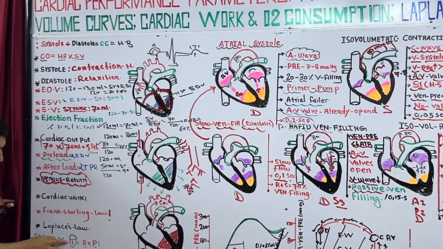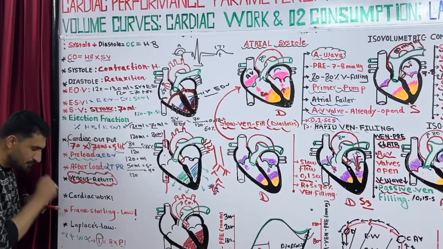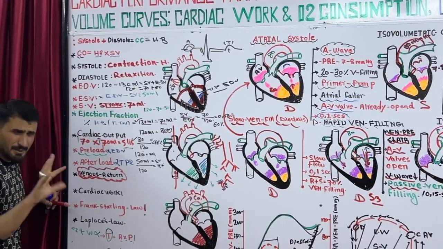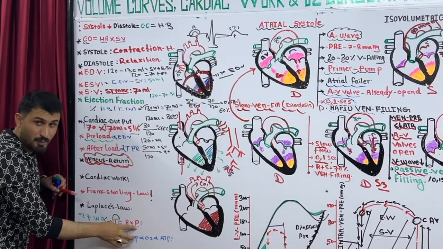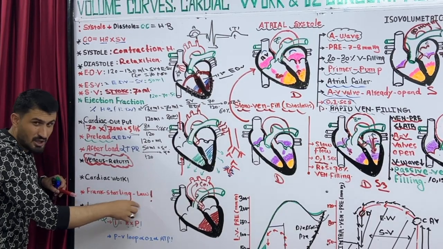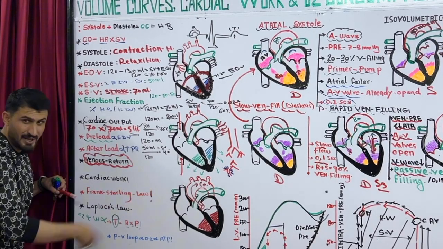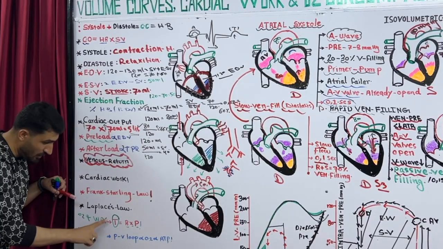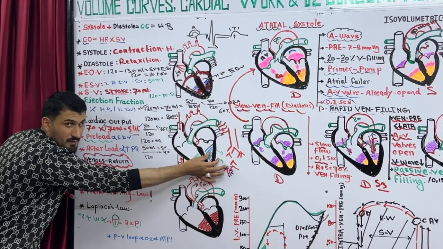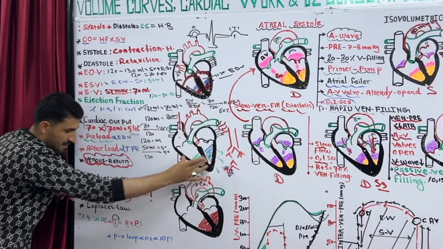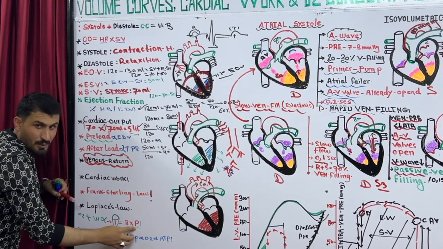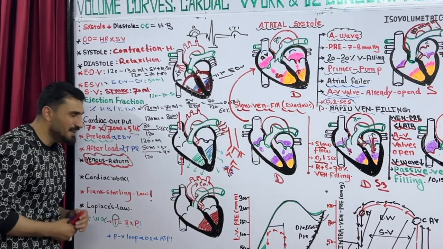We have different types of Laplace's law, but here I'm not talking about the one where pressure equals tension times 2 divided by radius. I'm talking about the tension in the wall of the left ventricle. Tension is equal to radius times pressure.